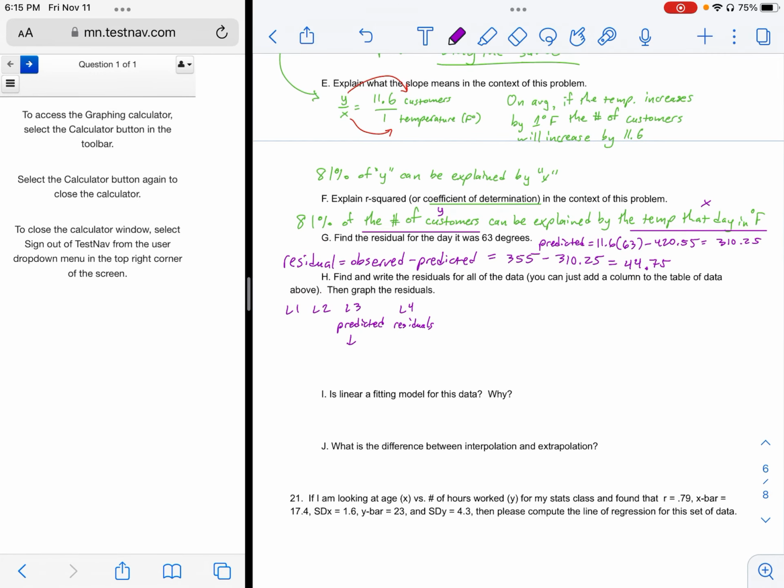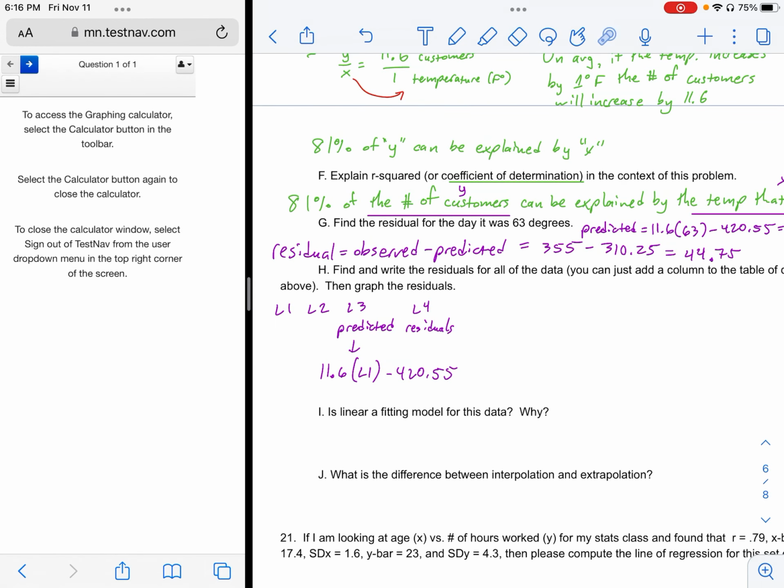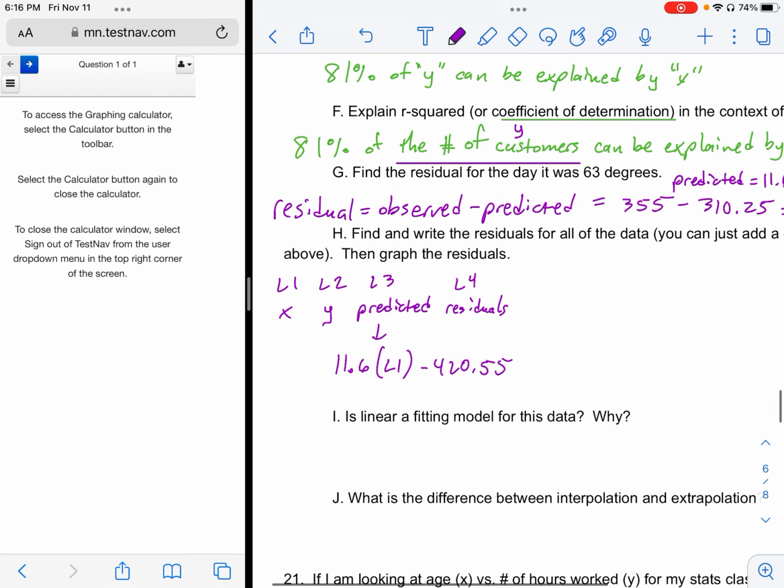In list 3, we type in the equation: 11.6 times L1 minus 420.55. This is my line of regression. L1 is my X and L2 is my Y. Then list 4 is my residual, which is observed minus predicted.